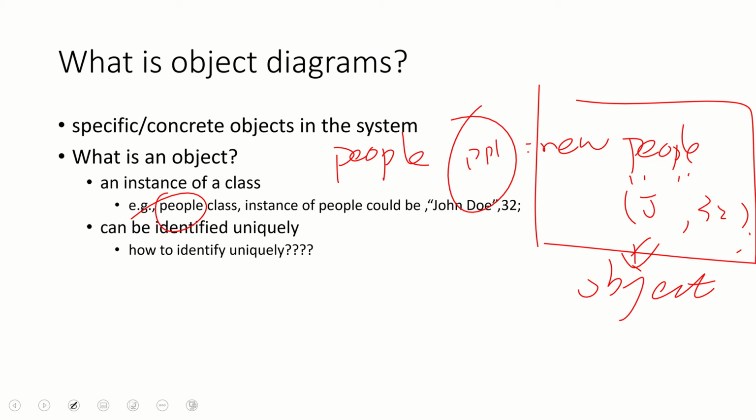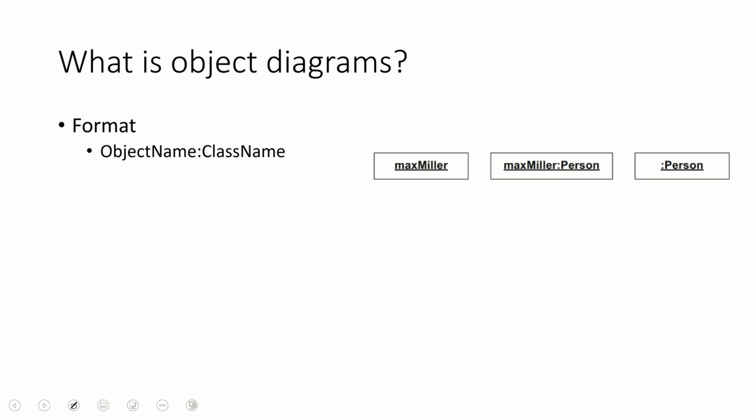This is the object diagram, which helps us identify that your object is unique. It's not just People, it's about ppl. This is a specific object. So let's see the format first: how you can use an object diagram to identify a unique object.